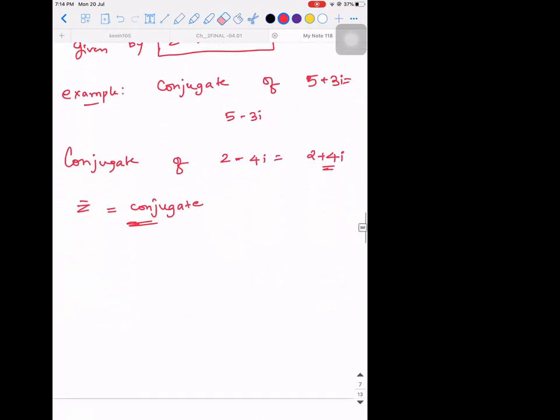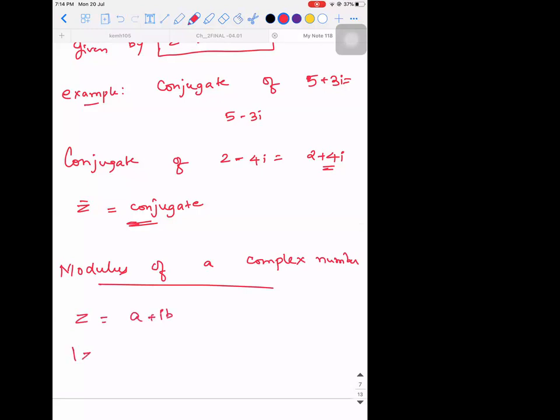Okay, next. The next is called the modulus of a complex number. So if z is equal to a plus ib, then mod z is given as square root of a square plus b square.